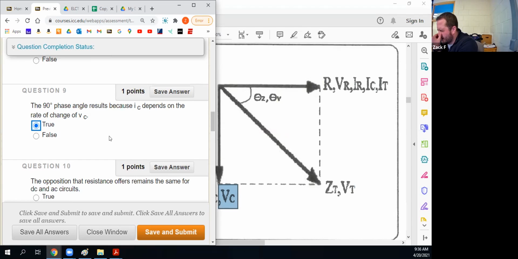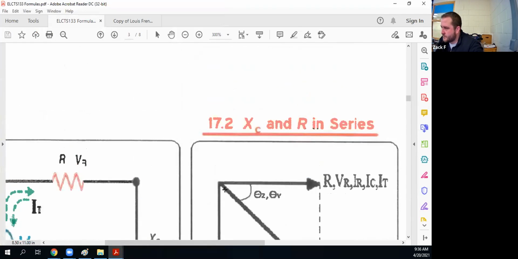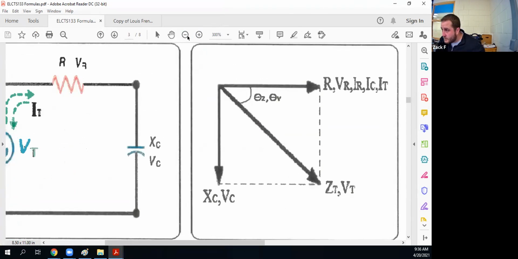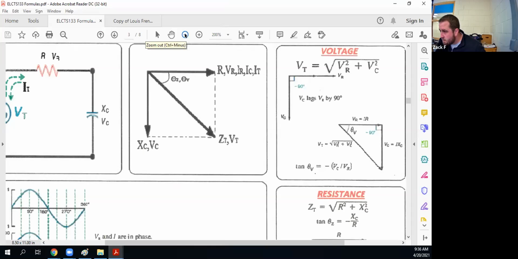If you remember from last week, we talked about this a little bit, but on your formula sheet.